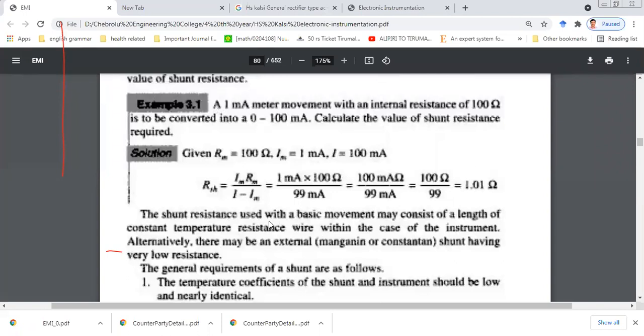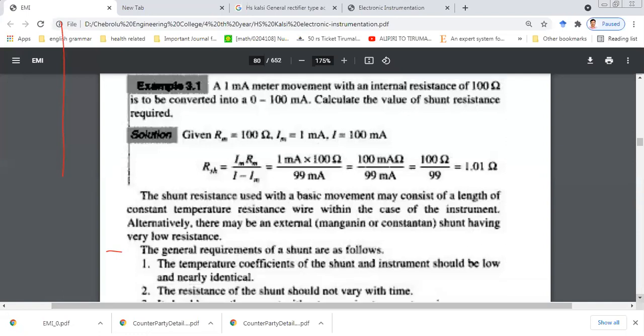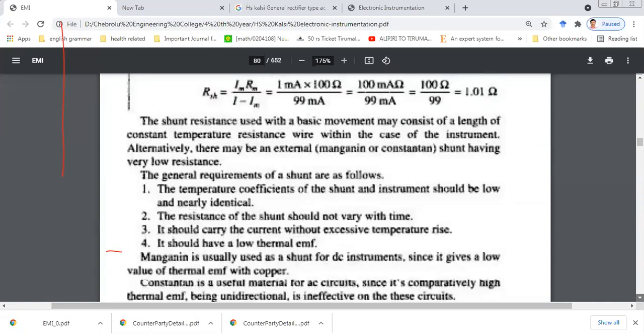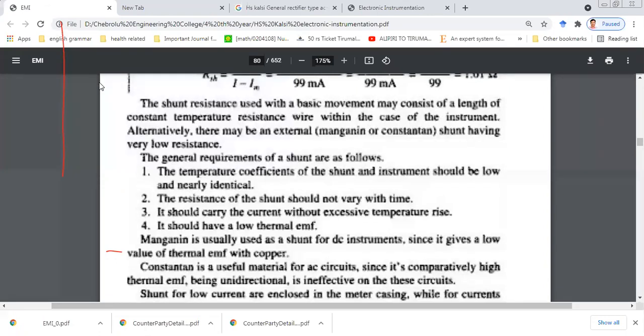The shunt resistance used with a basic movement may consist of a length of constant temperature resistance wire within the case of the instrument. The main consideration for the material used in the instrument is that it should not vary with temperature, because any material that varies with temperature produces an error.